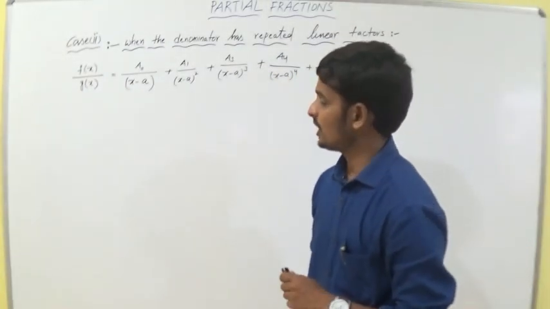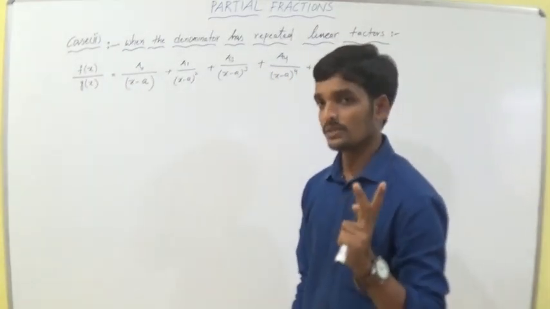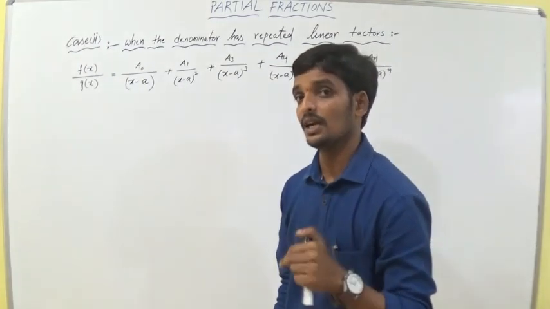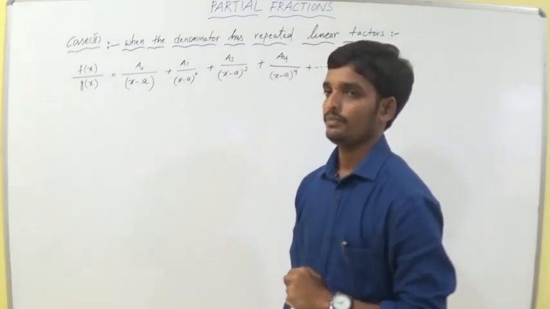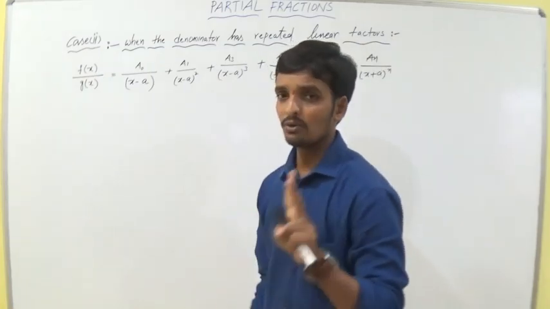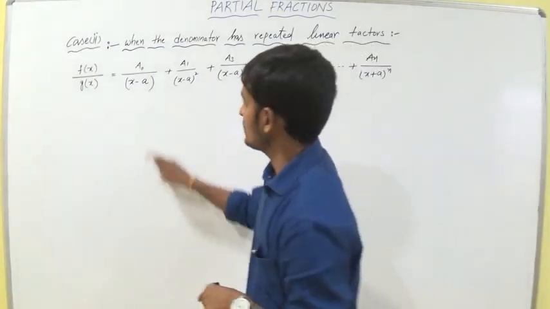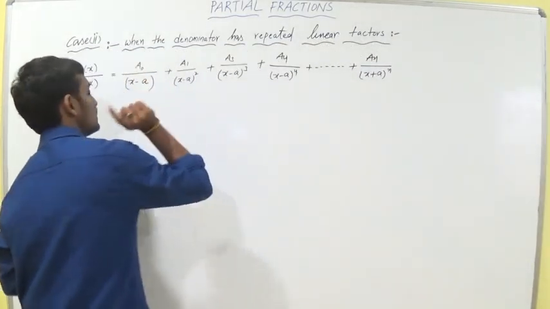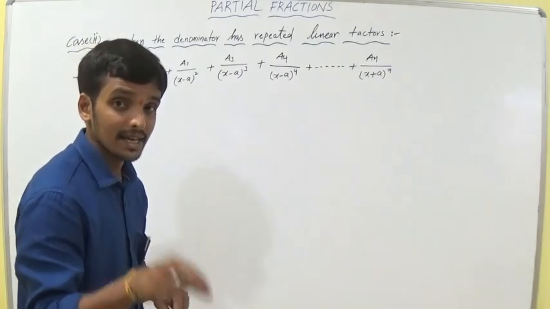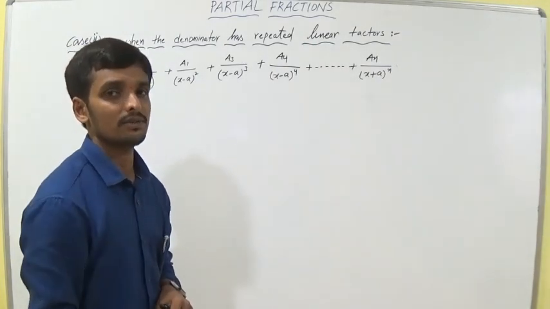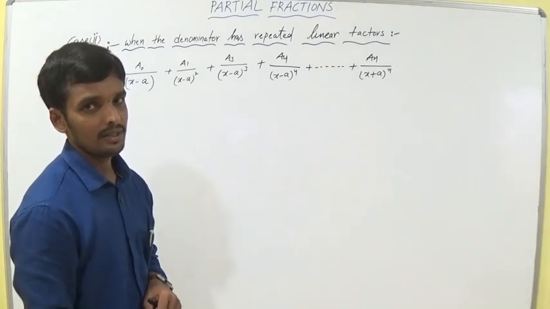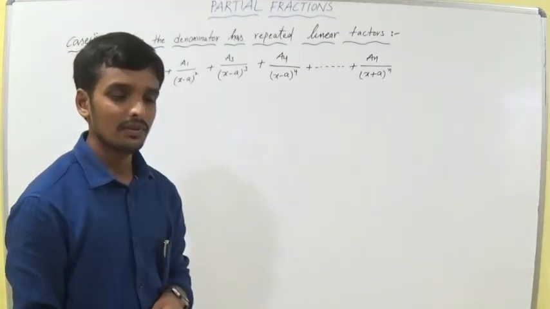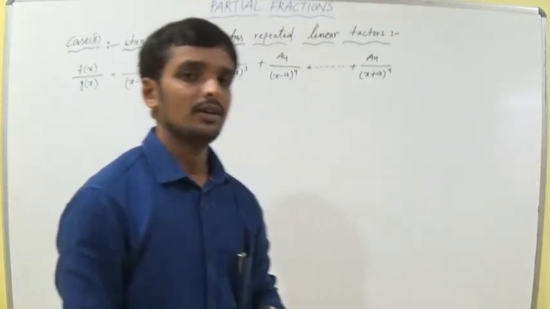For example, if g of x has x minus a whole square, we write only 2 terms. The first term is a naught by x minus a. Am I right? x minus a is the factor of x minus a whole square.